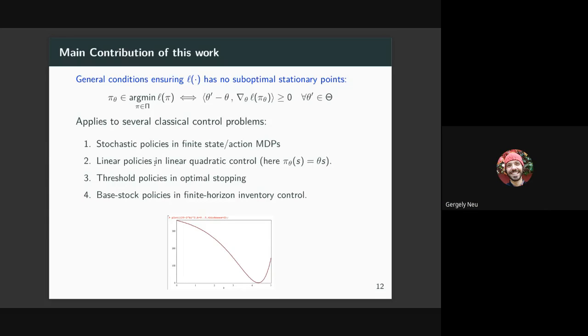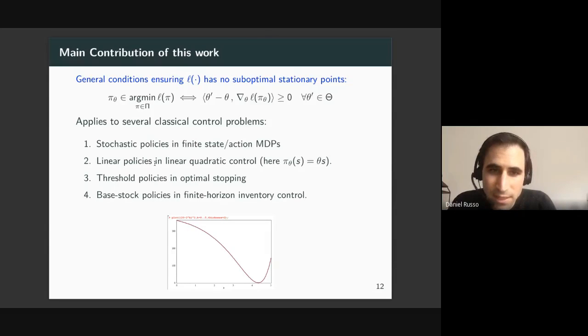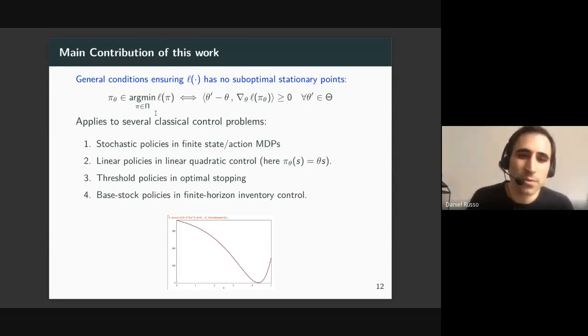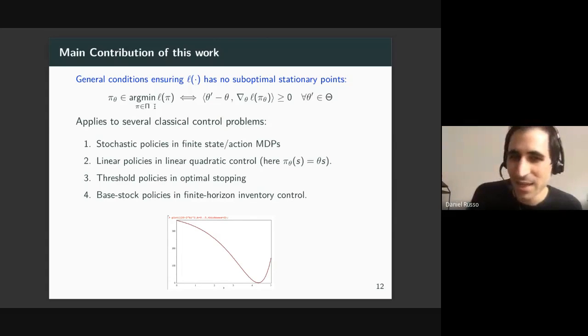Sorry, just a quick clarifying question. I guess what's important here is that the argument on the left-hand side is really taken over the set of all policies, right? So it's not just in the policy class, but is the entire class of policies. Yeah, thank you for highlighting that. First, I think even if this were over the class of parameterized policies, it would be surprising given non-convexity.